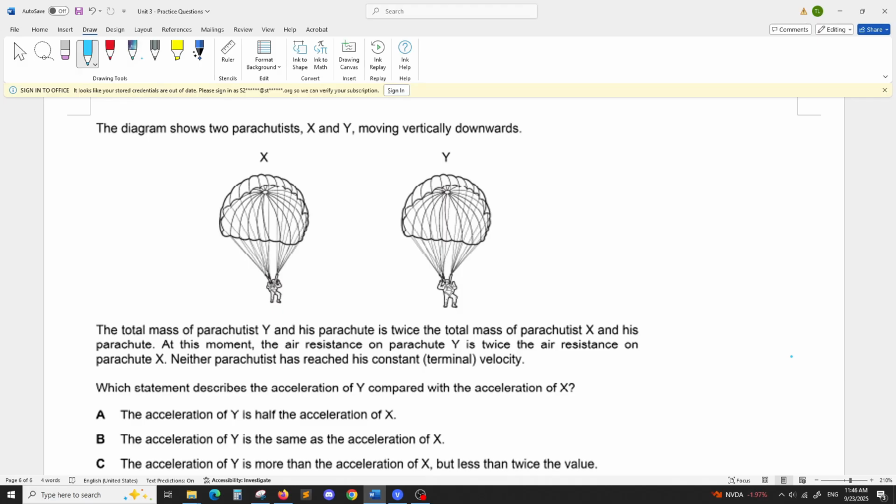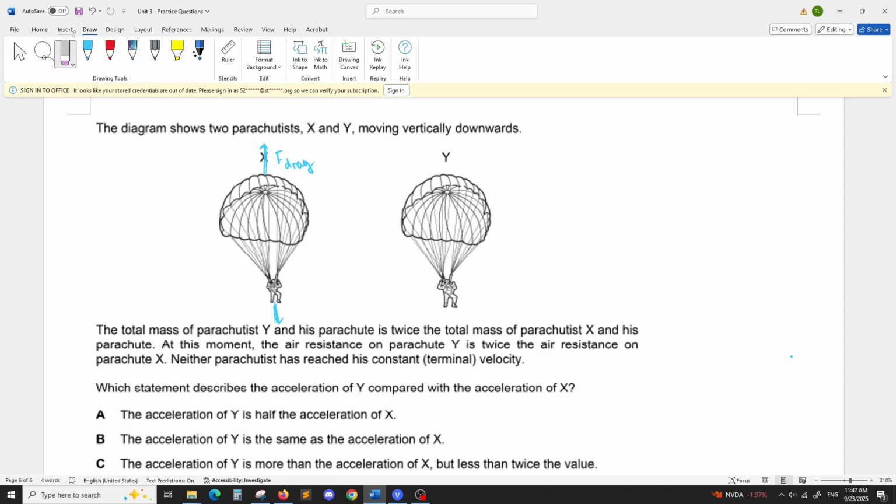X here has an upward force, which is going to be air resistance, F drag, and down here, gravity. I know the vector looks larger, but we can assume that this one is actually larger than that one.